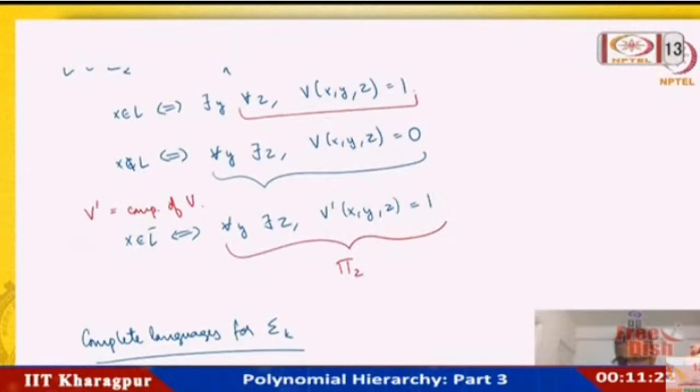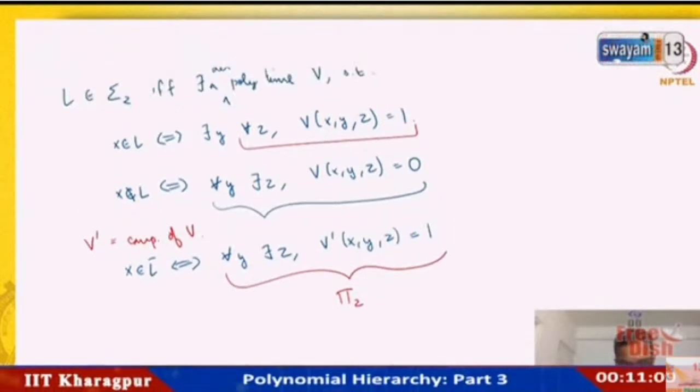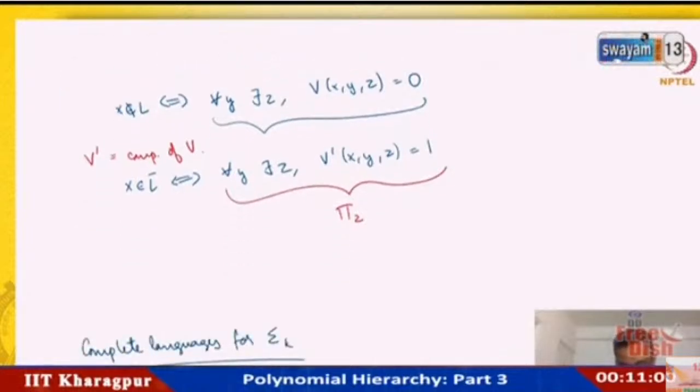Hopefully this gives you an idea why pi 2 is co-sigma 2. In other words, pi 2 consists of all the languages whose complement is in sigma 2. We took a language L which is assumed to be in sigma 2, and then we saw that L complement is in pi 2. This is what we have shown. Again, hopefully this gives you some insight into the structure of the polynomial hierarchy.